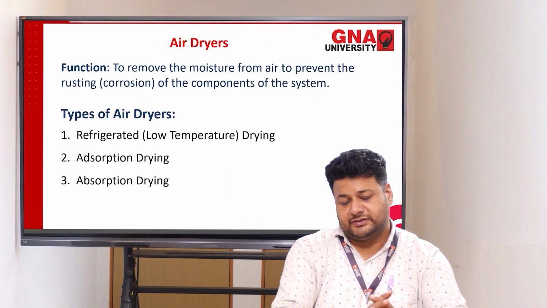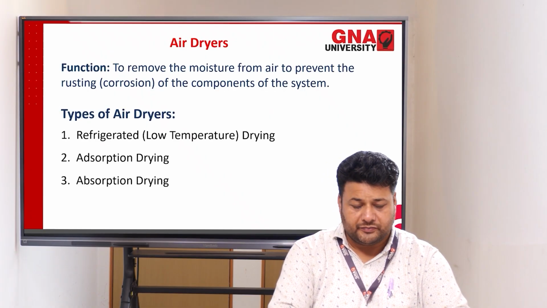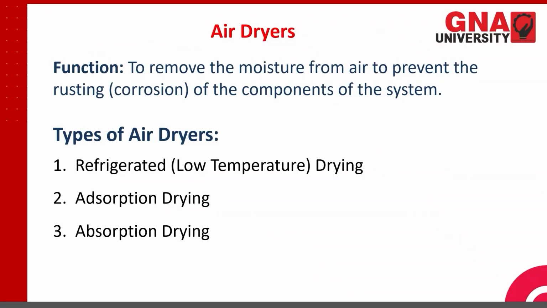Now next is another very important component of the fluid power system, that is the air dryers. First of all, let's understand the function of the air dryer. We know that air always contains moisture. So when it is compressed and after the air receiver, before it goes into the system, we have to remove the moisture, because if we allow moist air to move into the sliding components and our fluid power systems, it can lead to rusting of the parts.